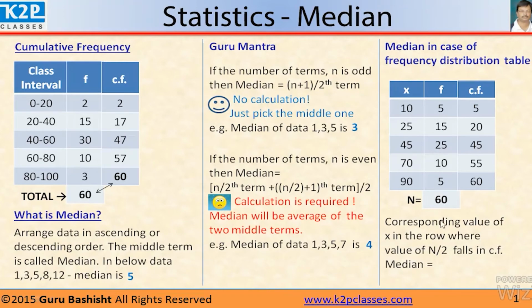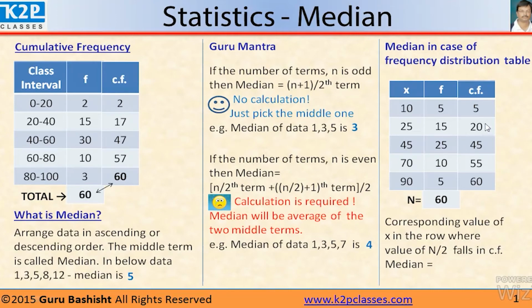The median is the corresponding value of x in the row where the value n by 2 falls in the cumulative frequency. Like here, the total number of observations is 60. So 60 divided by 2 is how much? 30. By seeing this table, we can say that 30 belongs to the third row. Why?